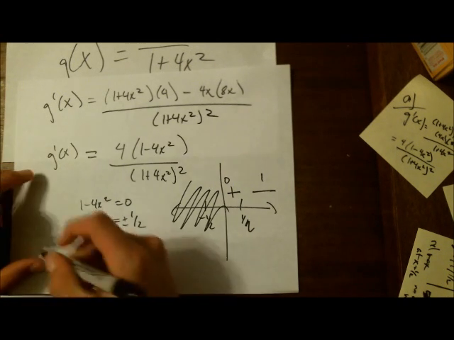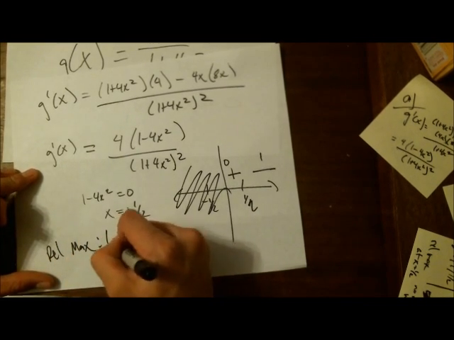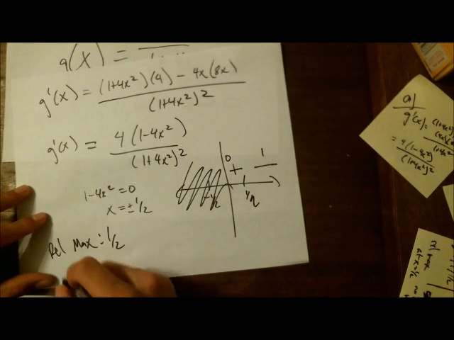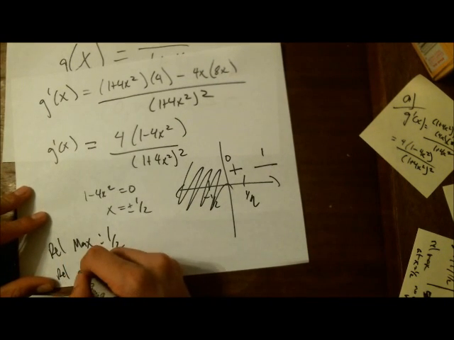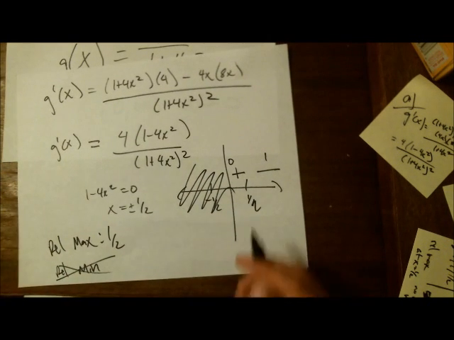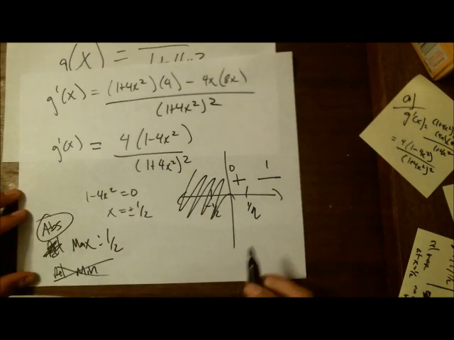And that means that we're going to have a maximum at 1/2. It also means that we're not going to have a relative min, so you can go ahead and cross that off. And since that's the only maximum on the entire interval, that's the absolute maximum, which is what the problem asks for.